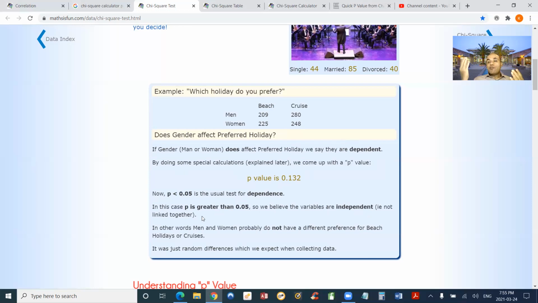There is no relationship between the gender and the type of holiday destination we listed here. Why? We chose 0.05 as our threshold, and we calculated the p-value from this available table, and it is more than 0.05, and therefore the gender and the preferred holiday destination are independent.